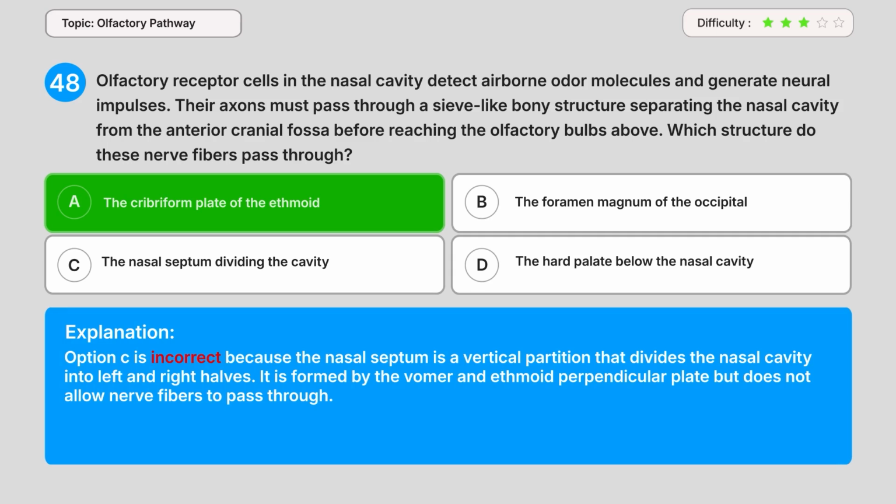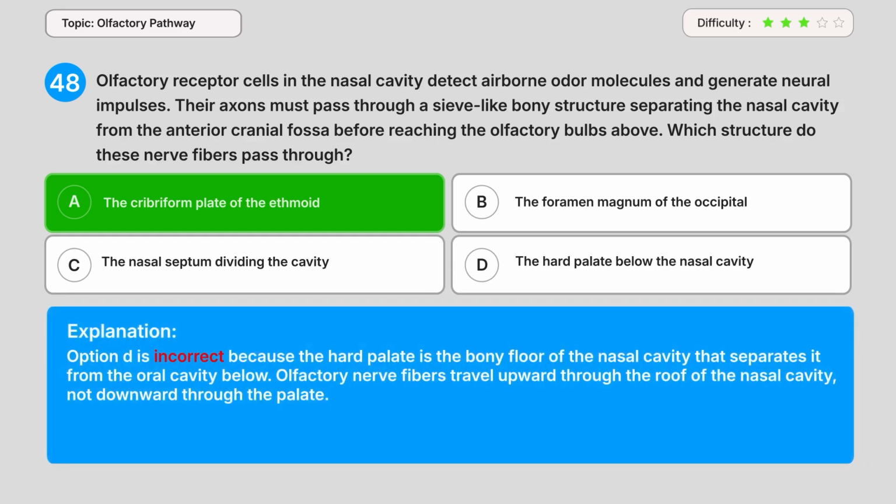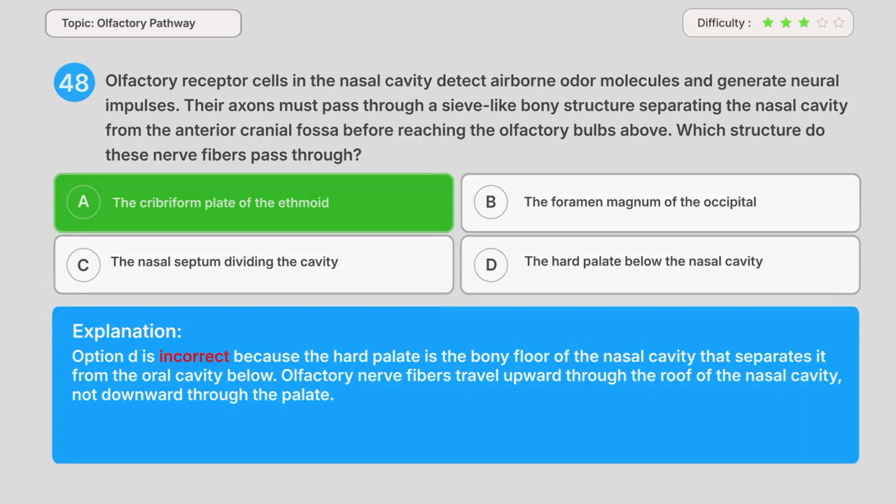It is formed by the vomer and ethmoid perpendicular plate, but does not allow nerve fibres to pass through. Option D is incorrect because the hard palate is the bony floor of the nasal cavity that separates it from the oral cavity below. Olfactory nerve fibres travel upward through the roof of the nasal cavity, not downward through the palate.